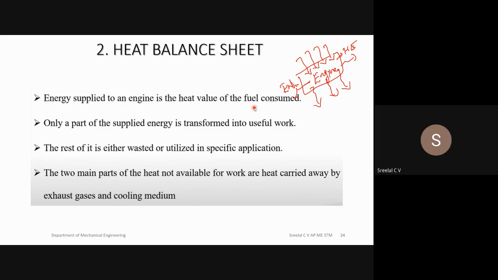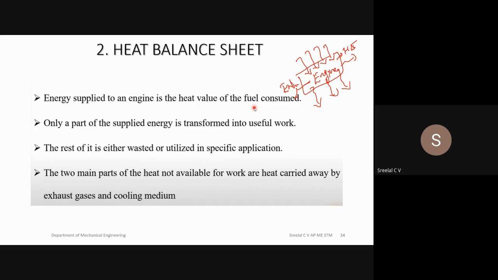Prior to this hour we were discussing that the energy given by the combustion of fuel is not purely converted into useful work. At the first stage there will be many losses in the form of exhaust and several other things. Then we obtain the indicated power.